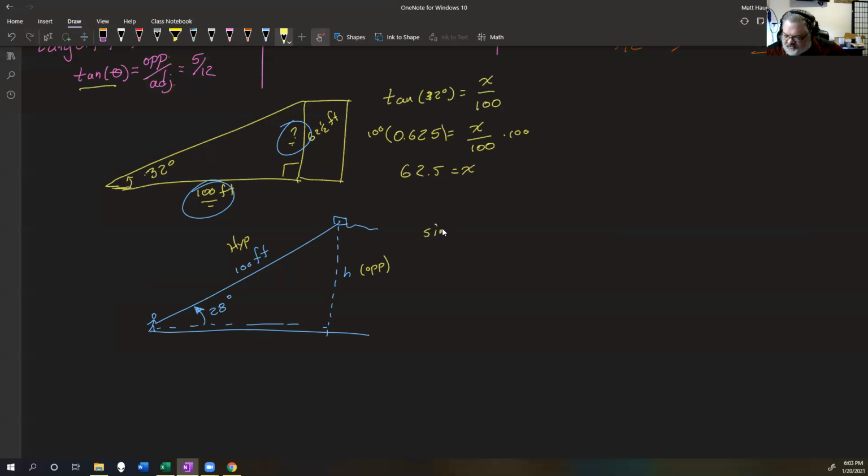So the sine of our angle, still in degrees, is that opposite length, h, in ratio to the hypotenuse, 100. And if we wanted an exact value, well, multiply both sides by that 100. 100 times sine of 28 degrees is actually a perfectly reasonable exact answer, if that's all we got.